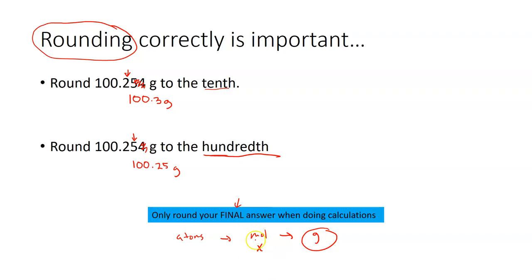I'm not going to round that number. I'm going to go ahead and multiply that by the molar mass to get grams. This is what we round. Only your final answer. If we round here, and then we round again, we can end up with a number that's pretty far off from what it actually ought to be. So round your final answer only.